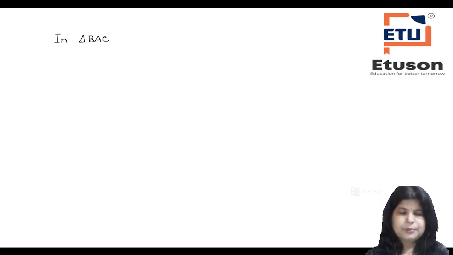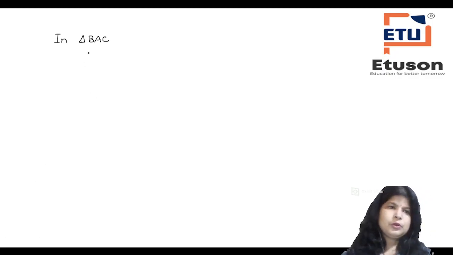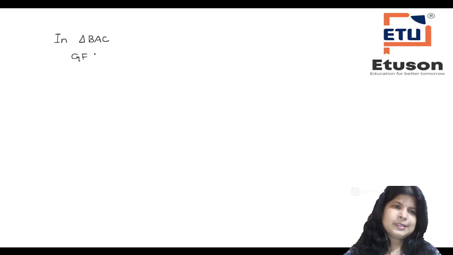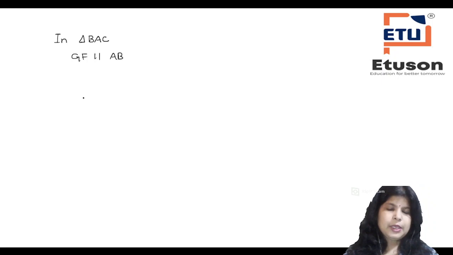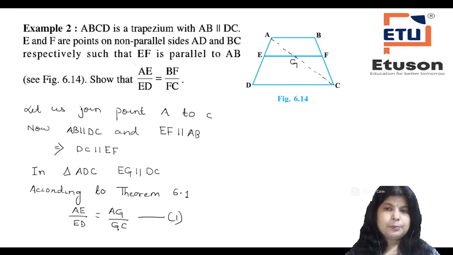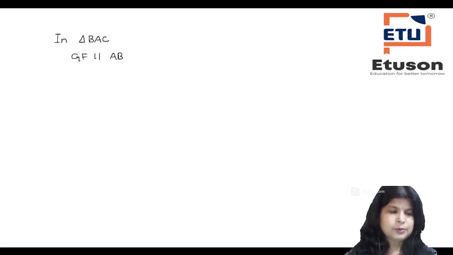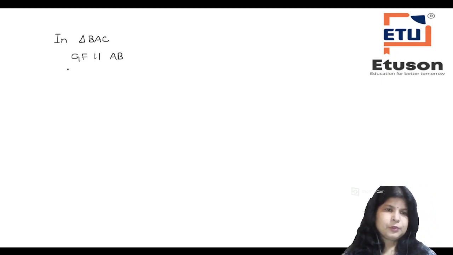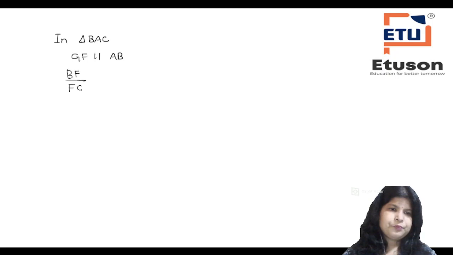So in triangle BAC, your GF is parallel to AB. Correct? So from this you can write that the side BF by FC is equal to AG by GC.